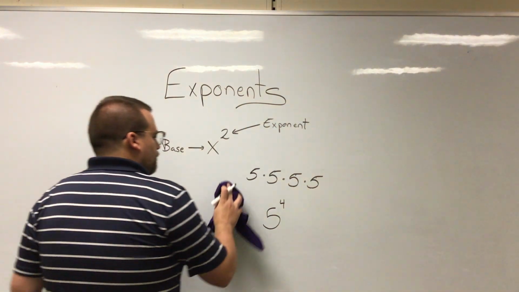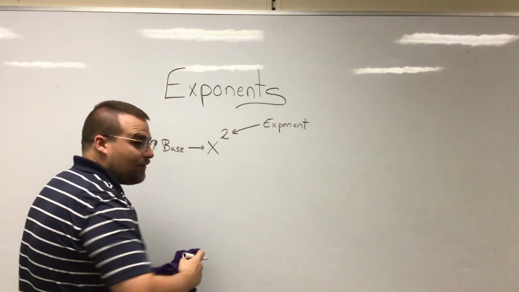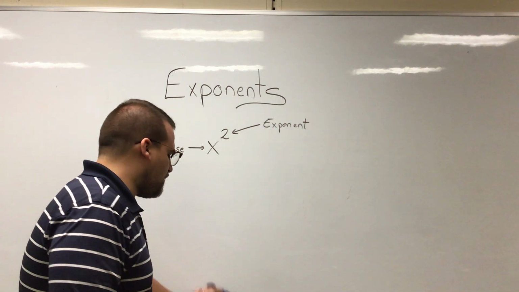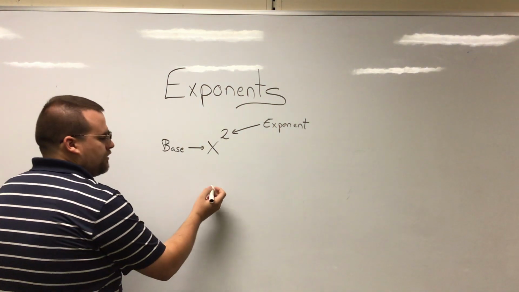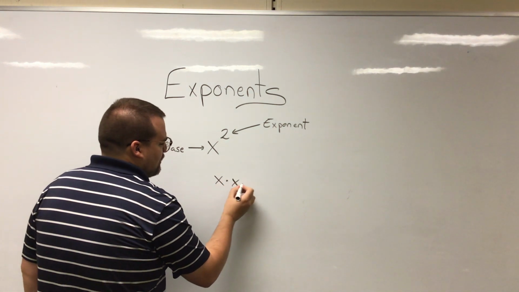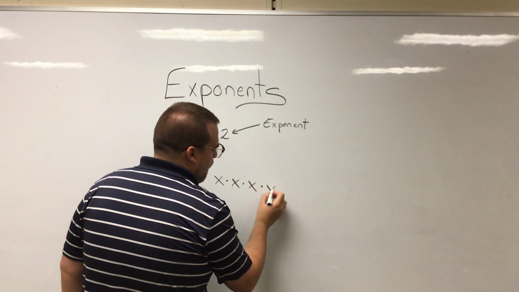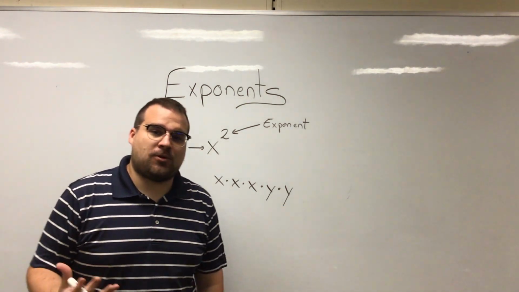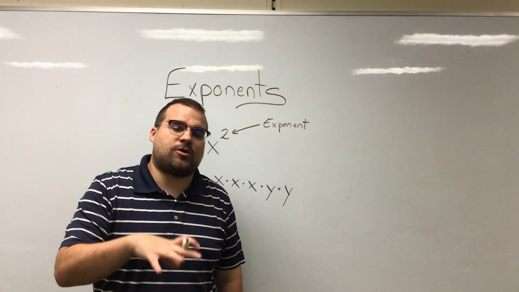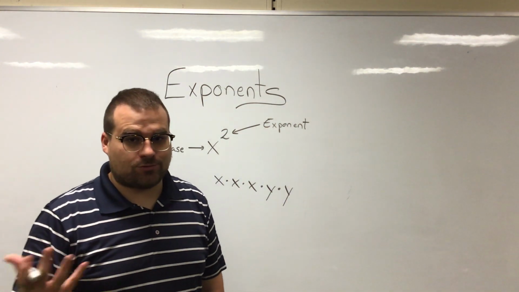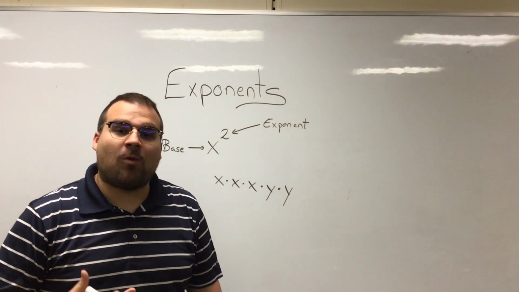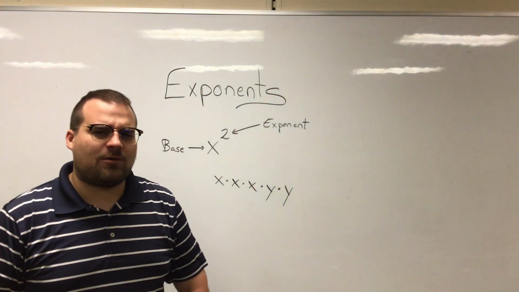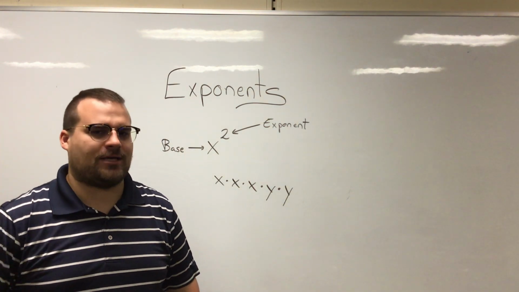Now, more than occasionally, quite often, we use exponents with variables as well. Let's say we had an equation that said x times x times x times y times y. We could write this in exponent form the exact same way we would a number. Even though these are letters or variables that we don't know what are, they still work the same way. We could look at this and say, okay, well, how many times is x multiplying itself?